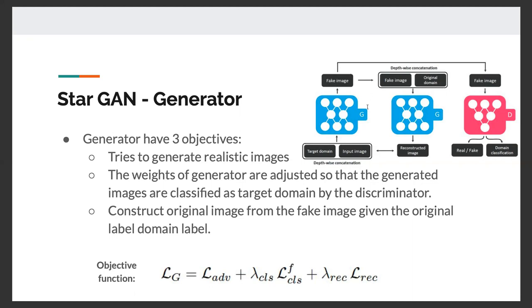So the generator should be able to give us a fake image from our given input image and the target domain. So the fake image should be looking like a 20-year-old man, right?